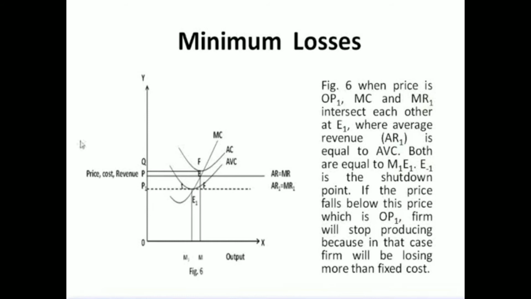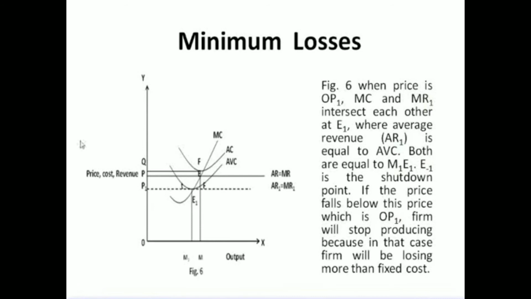We know that the firm must cover the variable cost. Price should be equal to or more than the average variable cost, or AVC. But at price OP, the average cost is more than average revenue. Equilibrium is at the point E where MC is equal to MR and MC cuts MR from below. That is the marginalist condition we know.